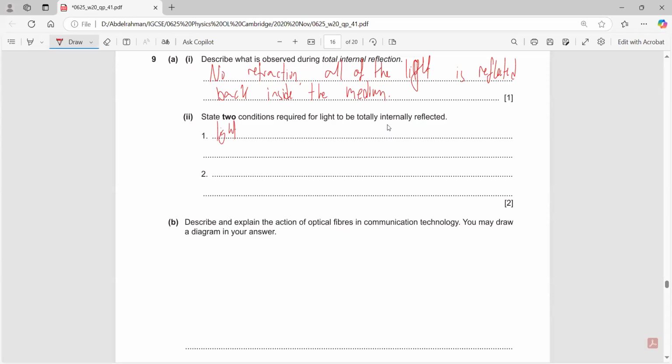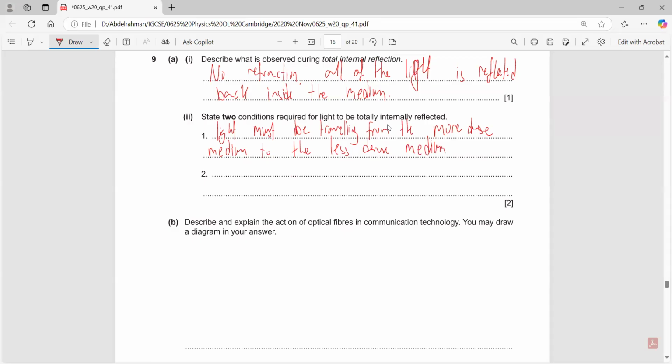Light must be traveling from the more dense medium, from the water, from the glass, or whatever, to the less dense medium.